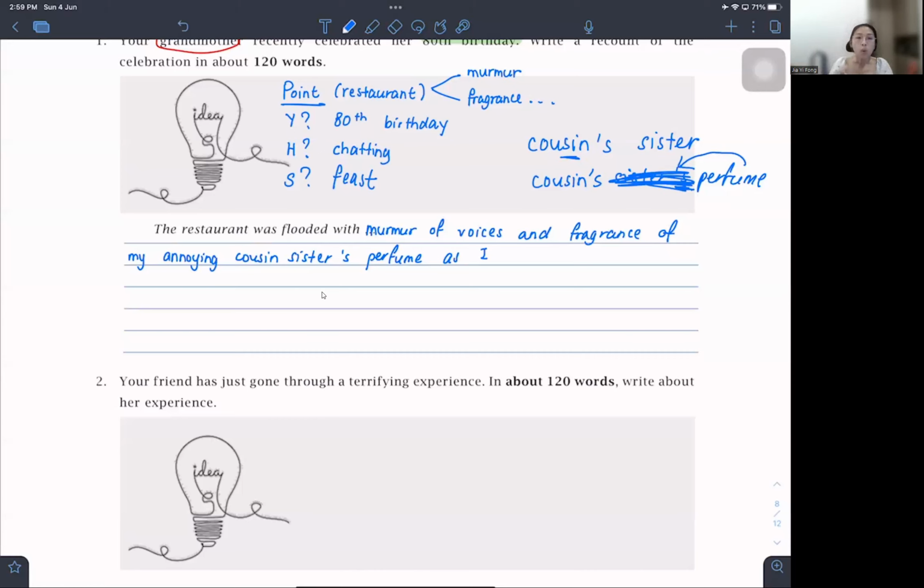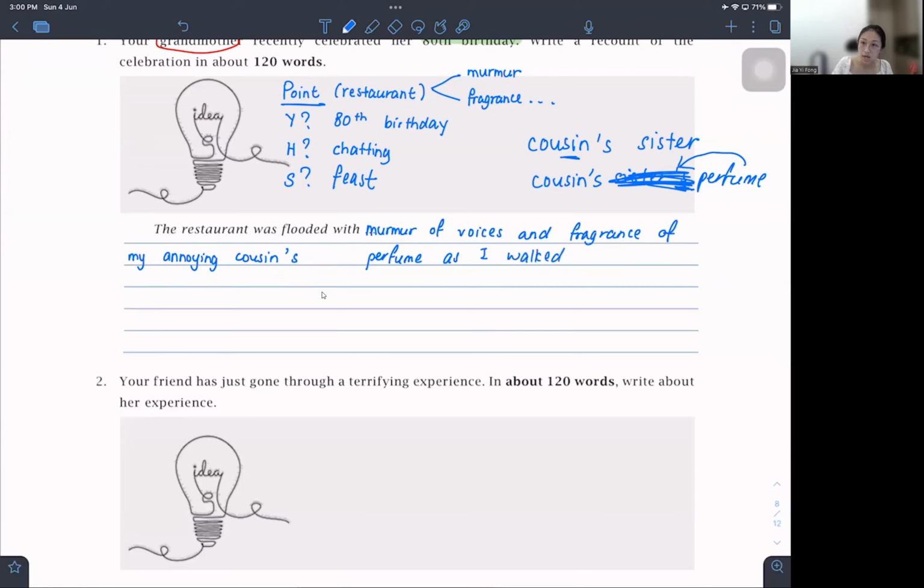So actually, why do I use the word sister? This is actually just an adjective. I just want to give an extra point. Okay, so if you find this very confusing, I will just remove this. I will just write this. It's the same thing.